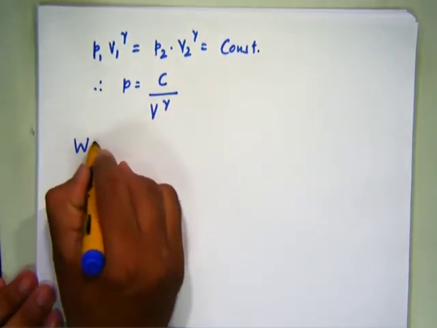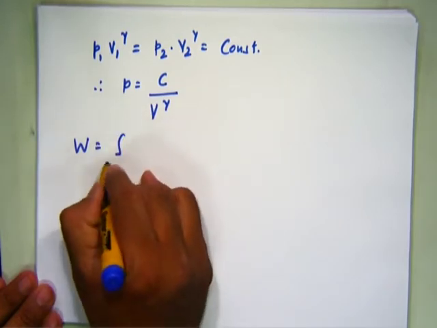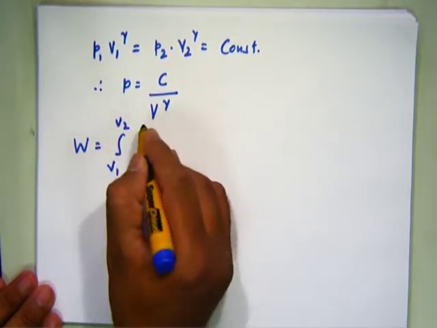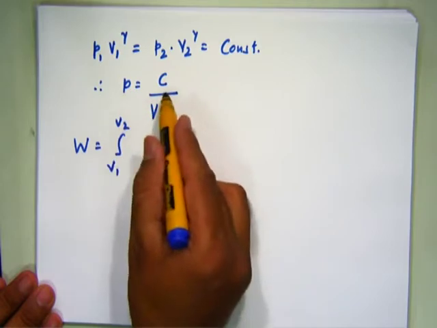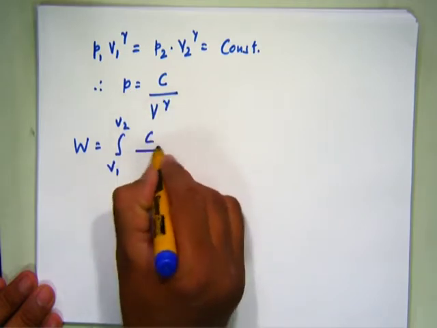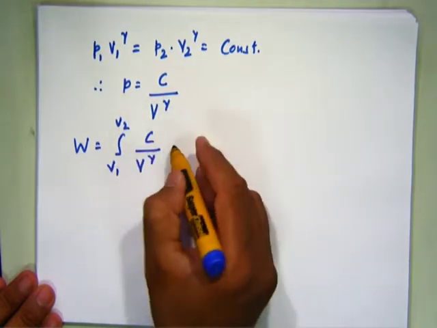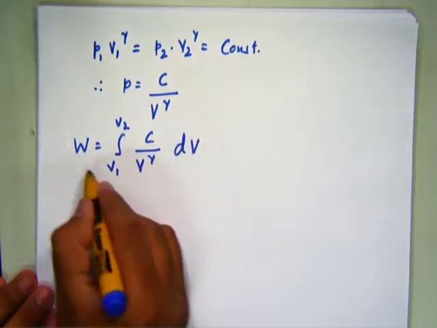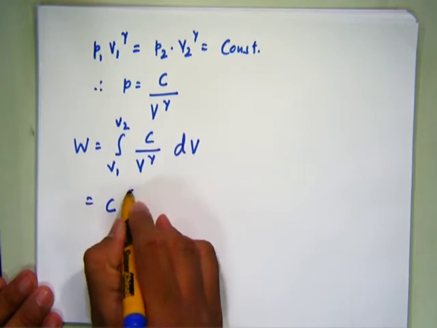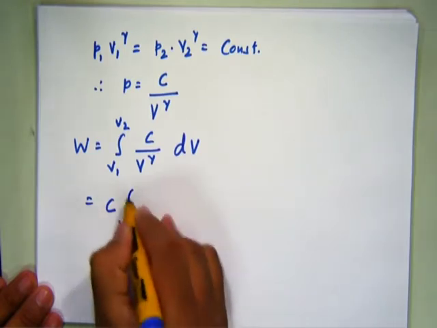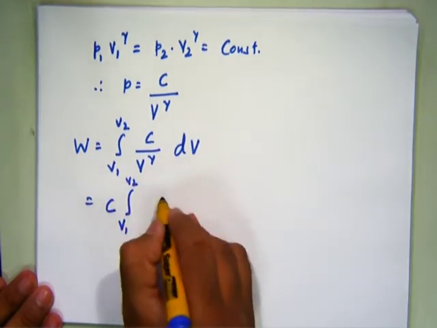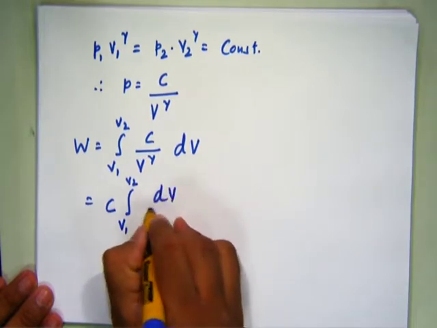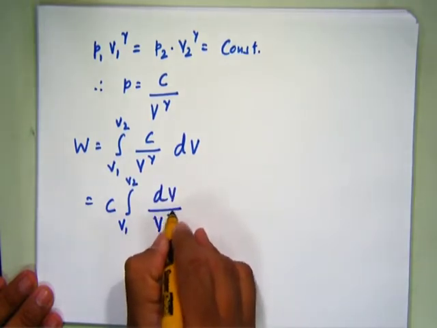So work done W is equal to integral from V1 to V2. Instead of P, we are putting this C upon V raised to gamma dV. Taking out C common, integral from V1 to V2 dV upon V raised to gamma.